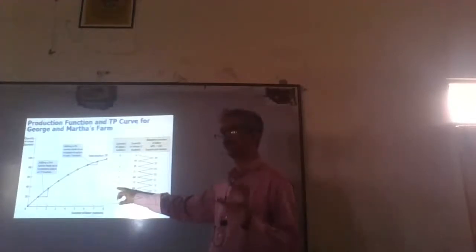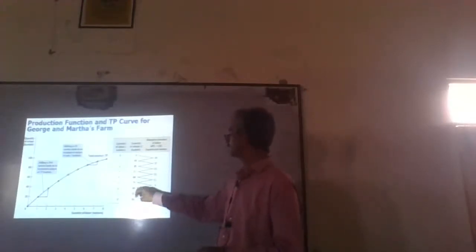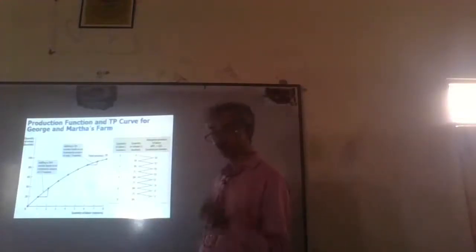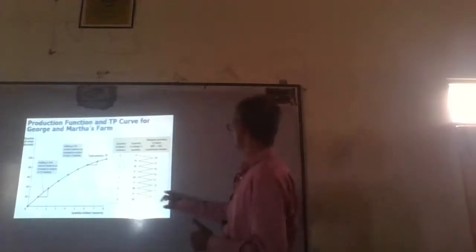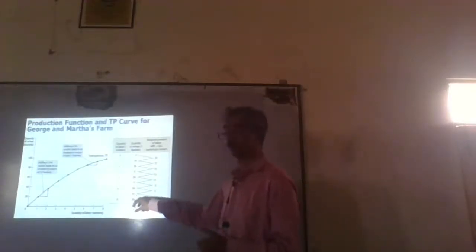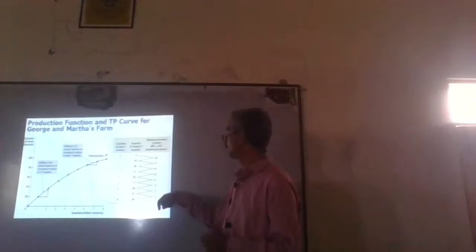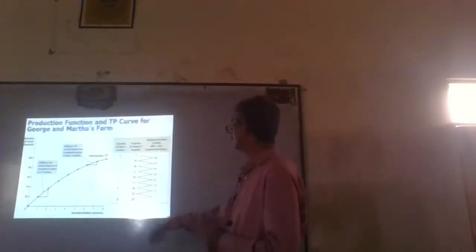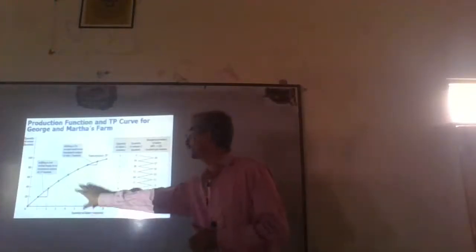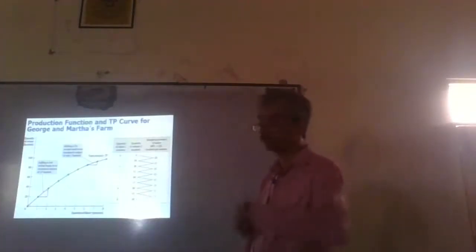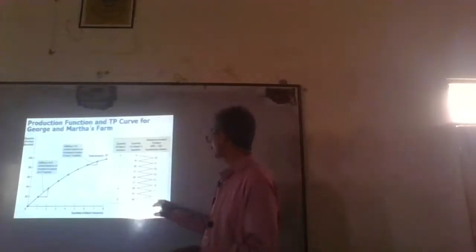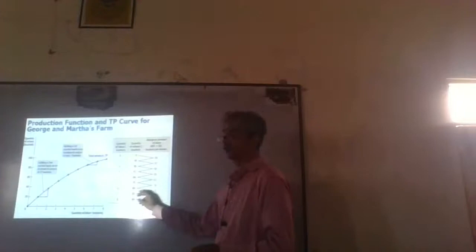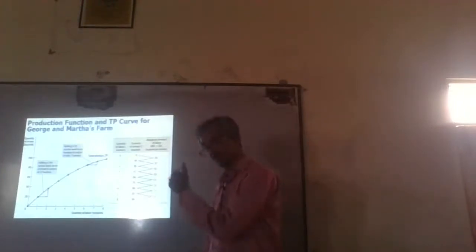Sixth worker, when we have the 6 workers working in the field, the total is 84, but the contribution of the 6th laborer is only 9. And 7th, we have total 91, but the contribution of the 7th one is 7 bushels. 8th, when we are employing the 8th worker on the same size lane, then the output is 96 bushels, and the contribution of the 8th worker is 5.